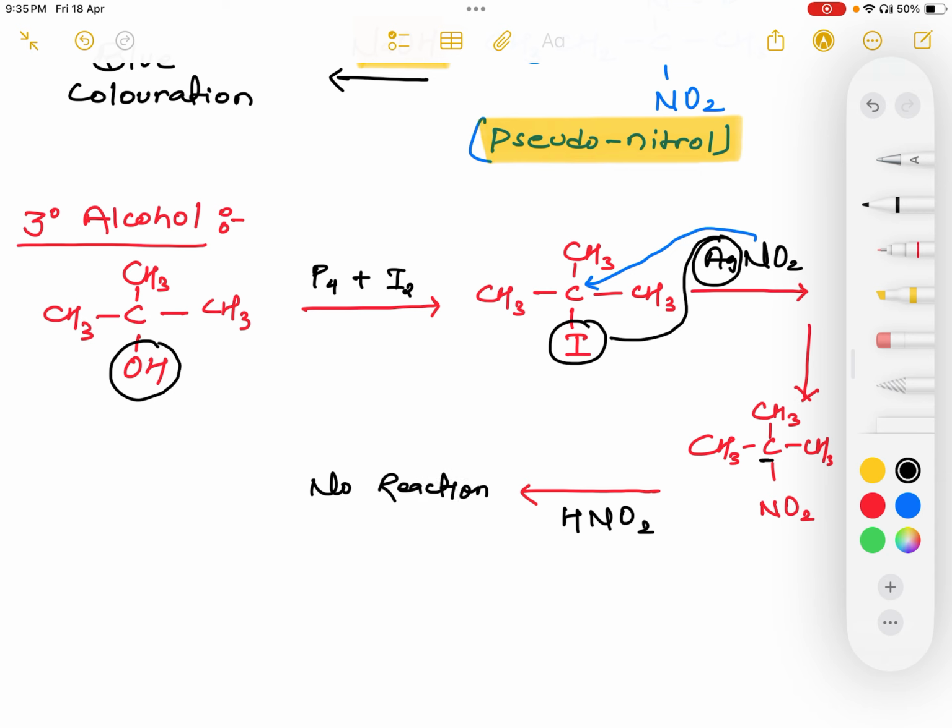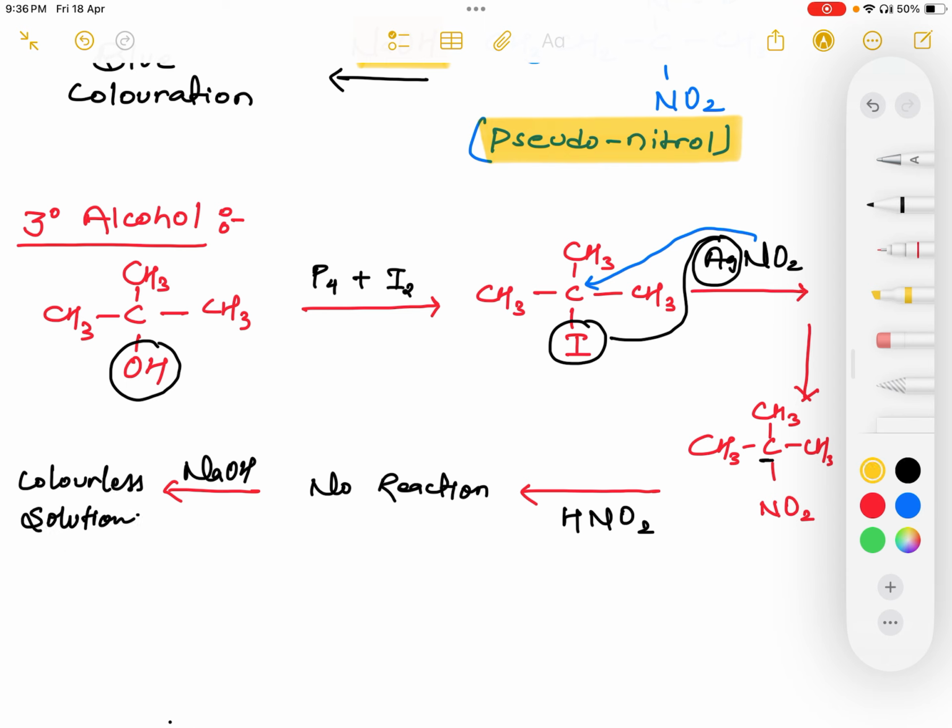And as there won't be any reaction, when we treat it with NaOH, we won't be visualizing any color. So there will be colorless solution.